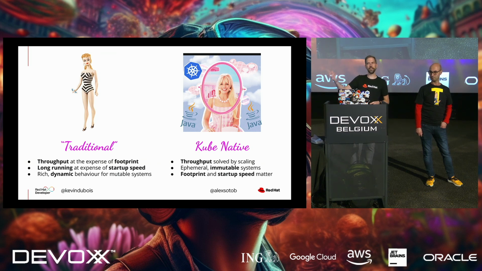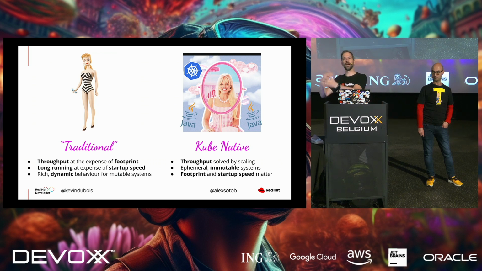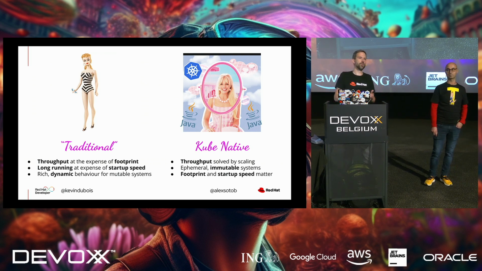So if every time you start up a container, you do all that warm-up stuff that the JVM does again and again, and all that startup dynamic behavior in each container, that doesn't really make sense. You lose startup time that you really need, because when you're scaling in Kubernetes, the idea is that you scale based on what you need.